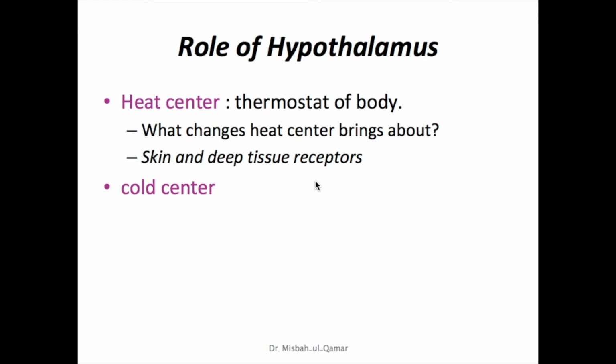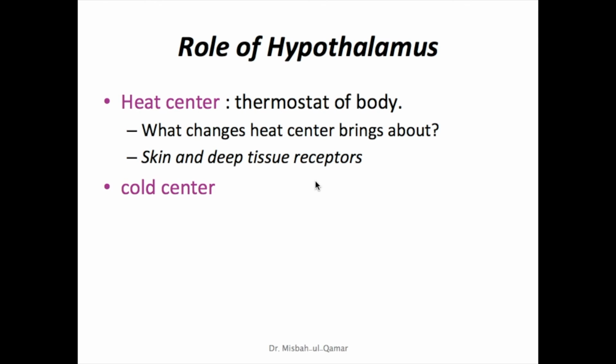And peripheral temperature detection is primarily responsible for cold detection. So when the skin receptors are cooled, the reflexes try to increase the body temperature and conserve heat immediately by causing shivering, by inhibiting sweat formation and by promoting skin vasoconstriction.